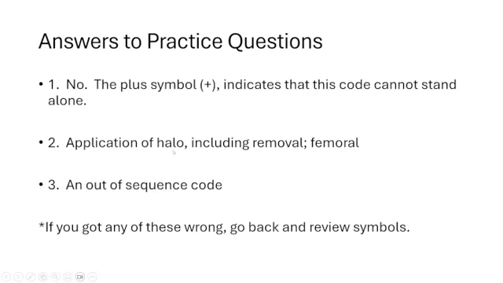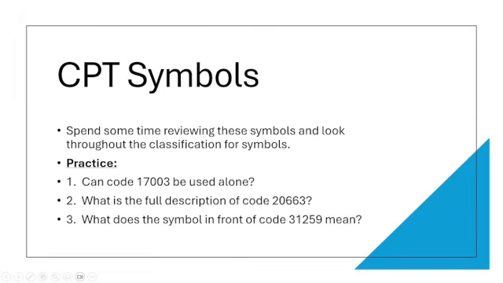Application of halo, including removal, comes from the main code, and there's a semicolon. That's where the main code stops, and the rest of the code that identifies femoral is what 20663 identifies.